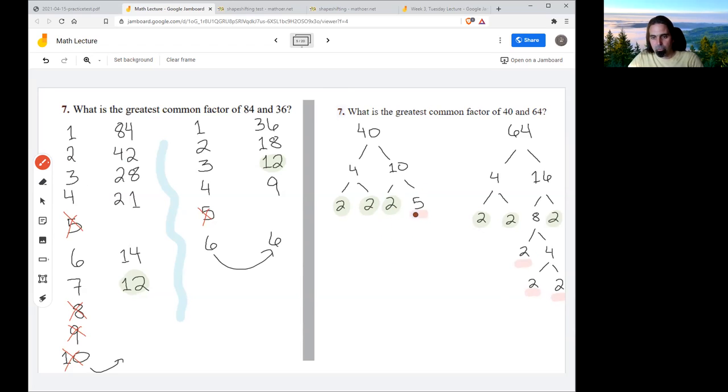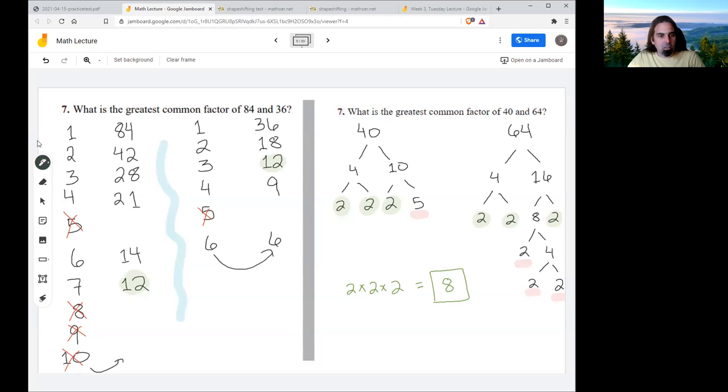And this 5 doesn't count because there's not a matching one on the 64 tree. So I have 3 2s in common. So what's my answer then? 2 times 2 times 2 is 8.